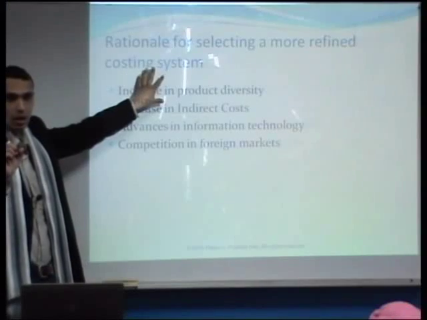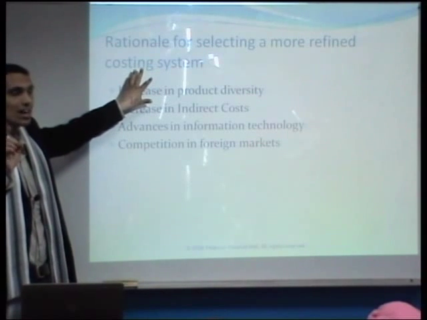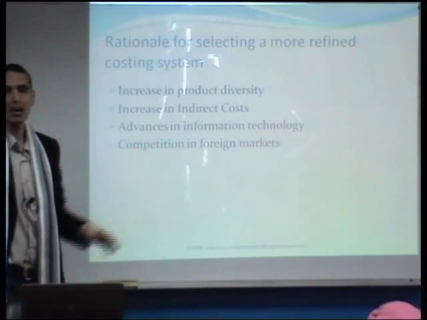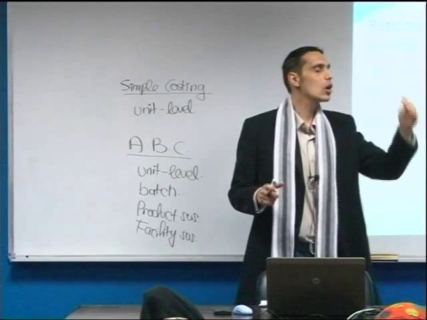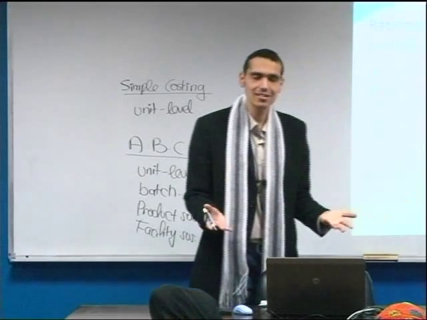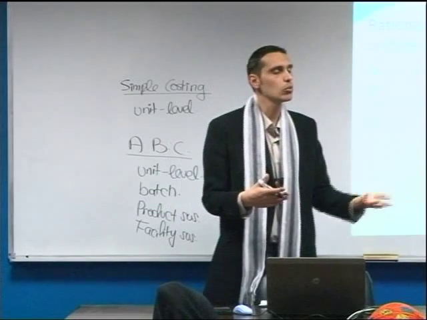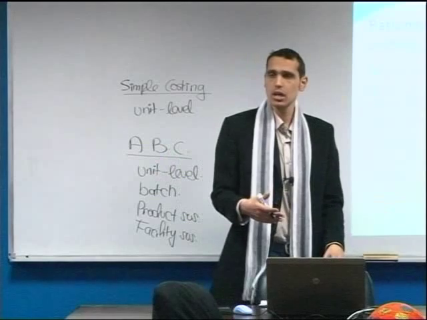This is a quite important point to always remember. We are not saying that the refinement of a costing system always comes by the use of the ABC. As we just said, we might have a situation where using the ABC would incur more costs than the benefits of this use.